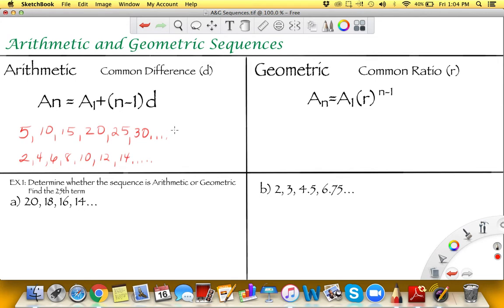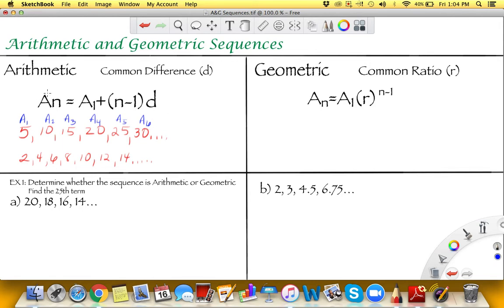One thing I want to point out is that each one of these numbers is a term. This is the first term, so we label that A1, A2, A3, A4, A5, and A6. This is the first term, the second term, the third term, fourth, fifth, and sixth terms.